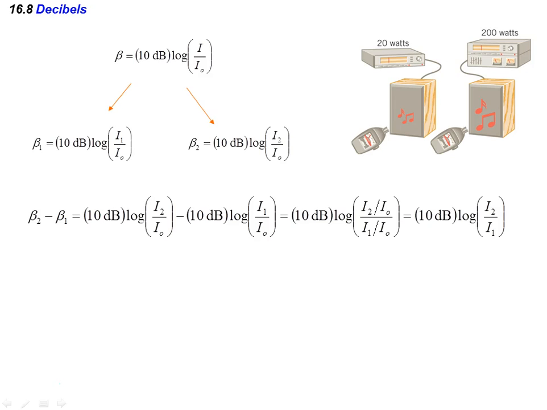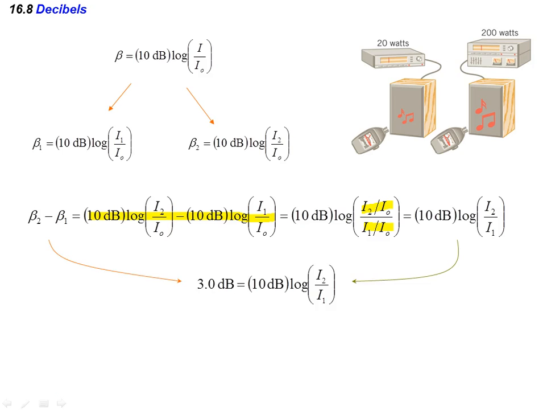We can subtract these two and subtract the logarithms, and this uses a few logarithm rules. If you're unfamiliar with that, you might have to revisit some of your old algebra techniques. When we subtract the two betas, we get a difference of 2 logs. A difference of 2 logs gives a ratio inside the log. And notice the threshold of hearing cancels out, and we just get the log of I2 over I1.